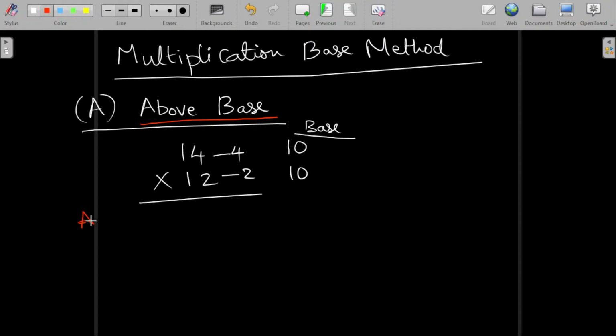Answer format is, note it down carefully. Answer will be in two parts.